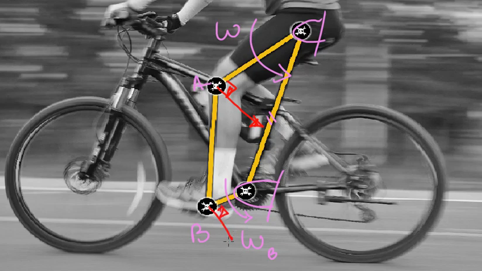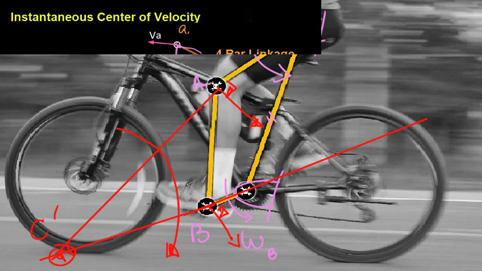There's that velocity. And extend them back. So that would be our instantaneous center at that moment in time, as this arm rotates through like that.